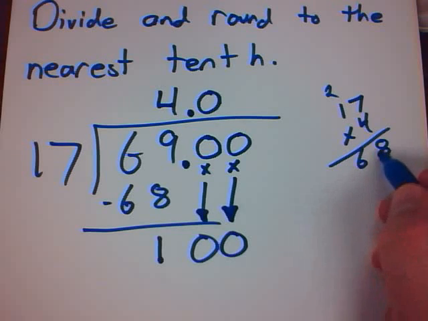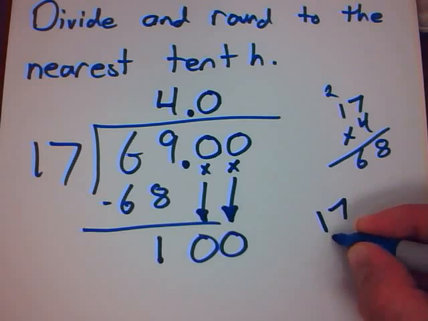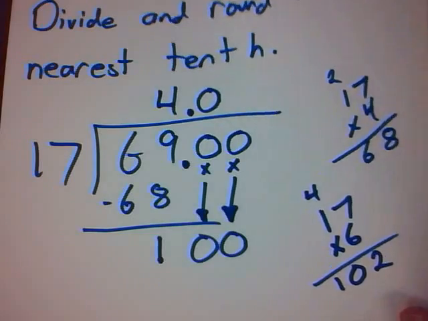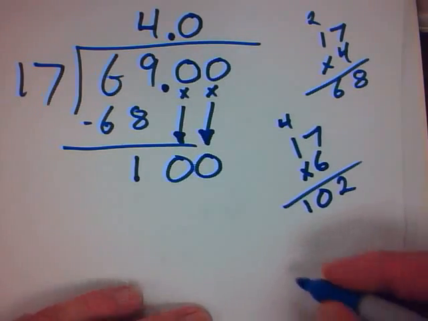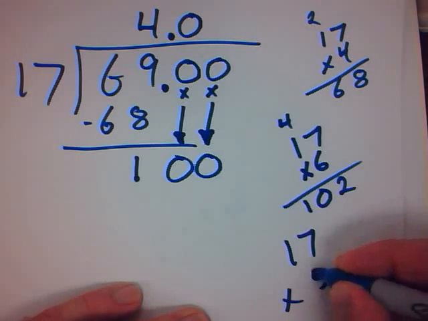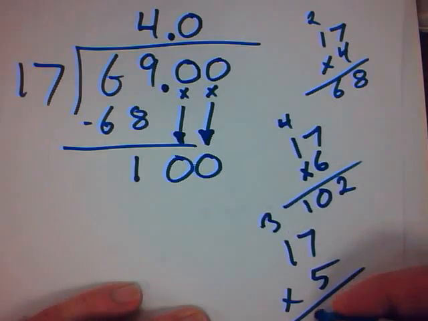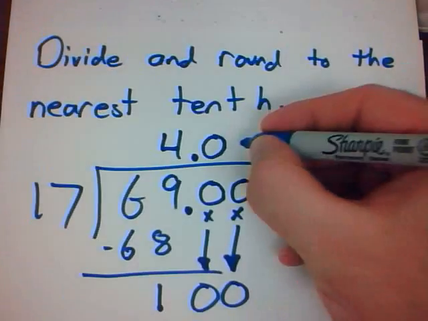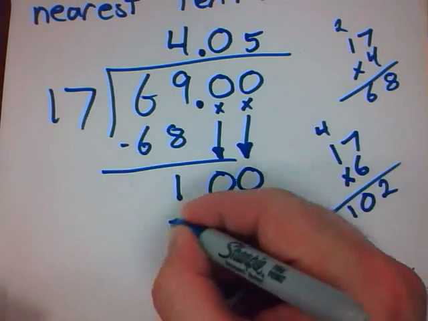If I think about how much adding 17 is, well, I'm going to try 6. 102. Ooh, that's too much. Not a lot too much, but definitely too much. All right, so I got to do 5. All right, there I have it. It's 85. Excellent. So I know this is a 5. I know this is 85. I subtract.